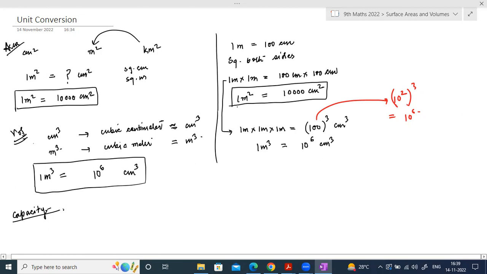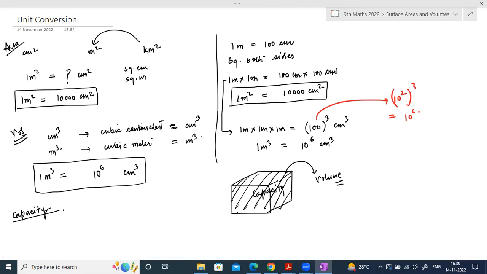Capacity is same as volume. The space occupied by any three-dimensional object is practically the same as the amount of quantity it can hold. Right? Whatever it can hold is its capacity, and however much space it occupies is its volume. So both are the same thing, but we use them differently in different places.